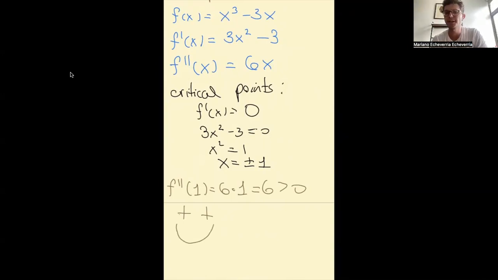A good way to memorize this is to make a face. The eyes of the face are the sign of the second derivative. In this case, the second derivative is positive, so you make a face where the eyes are positive, and that means you have to be happy. And if you look at it, what does that mean?